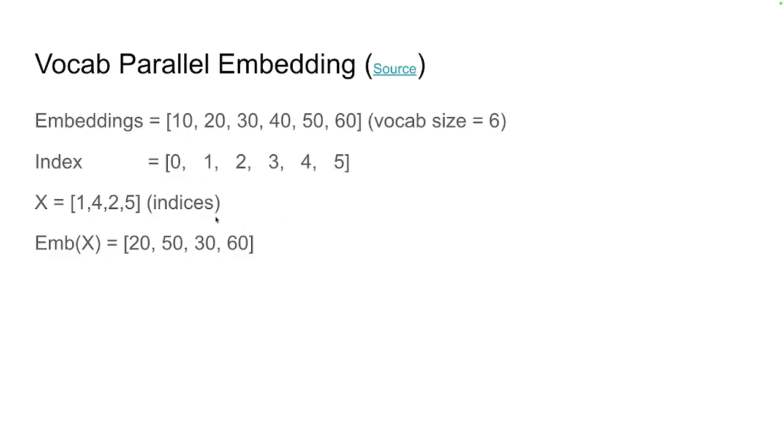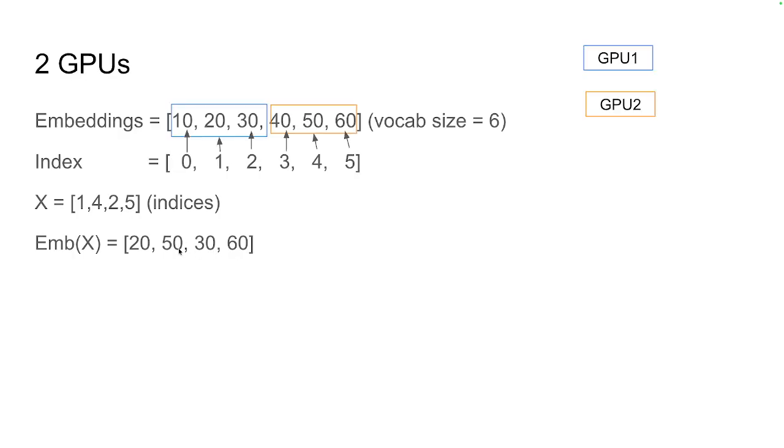What you get as input is a list of indices, and you have to pluck out those indices from your embeddings. Like suppose 1 corresponds to 20, you pluck out 20. 4 corresponds to 50, you pluck out 50. Let's see how we can have tensor parallelism here.